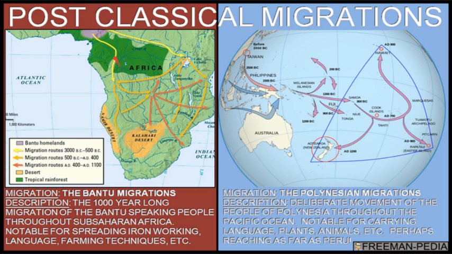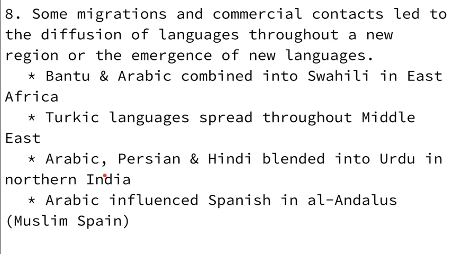We're going to see a lot of Turkic languages spreading throughout the Middle East as the Turkic people migrate across the Middle East and settle there over hundreds and hundreds of years.